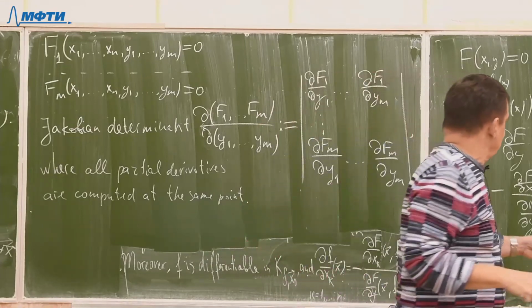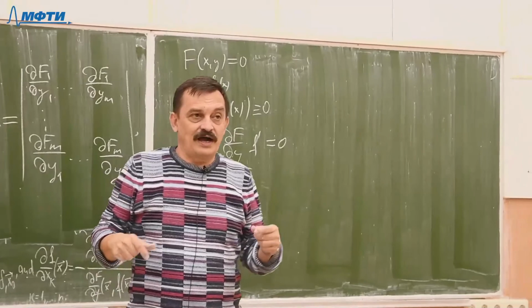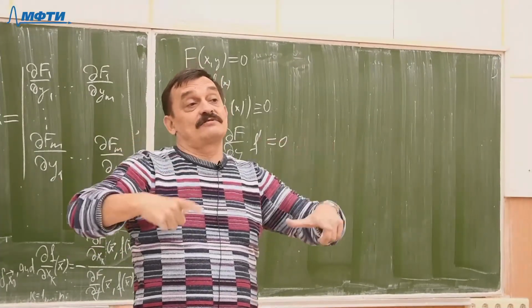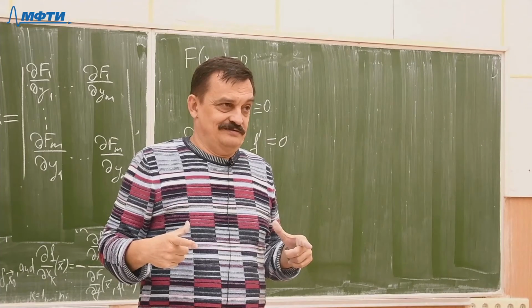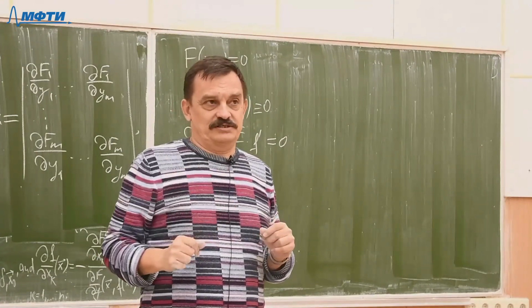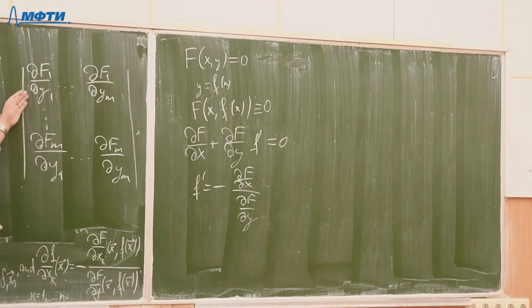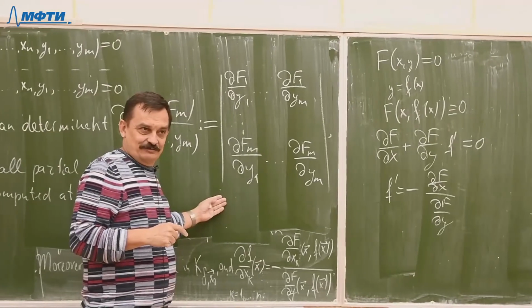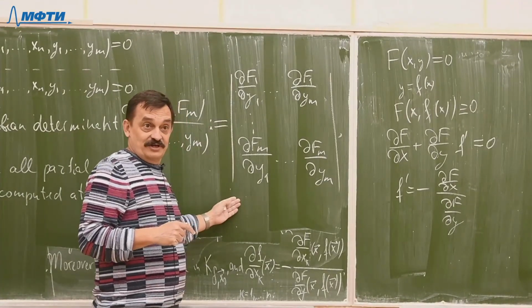And after that, here we had one equation. Now we obtain a system of equations, right? Linear equations, that's important, linear equations. And the determinant of that system is that one. That is why this Jacobian is very important.